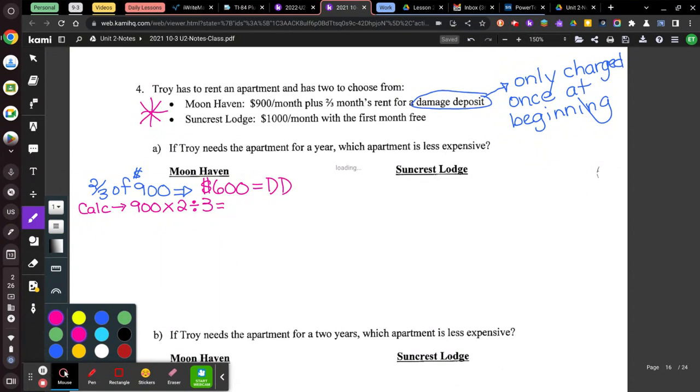Okay, so how many months are we going to be there? He says for the first one, it's a year. How many months are in a year? 12, good. So we're going to have our $900 rent times 12 months.